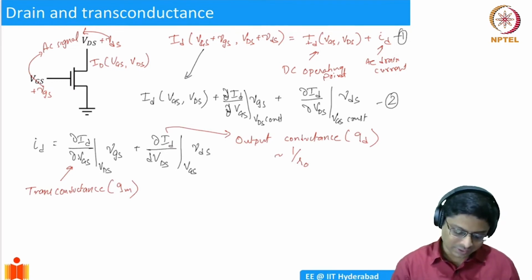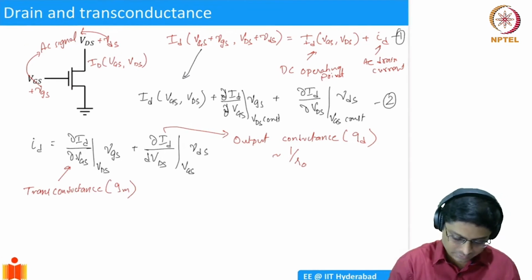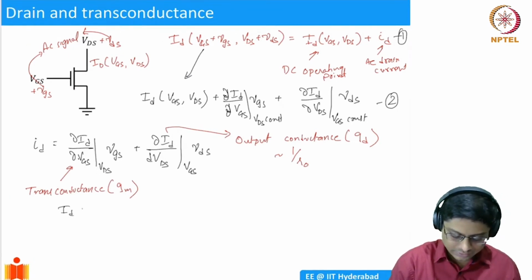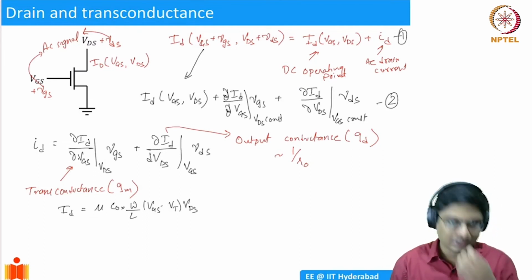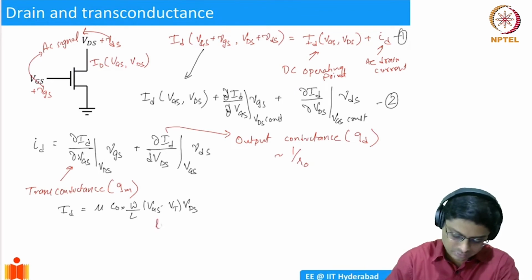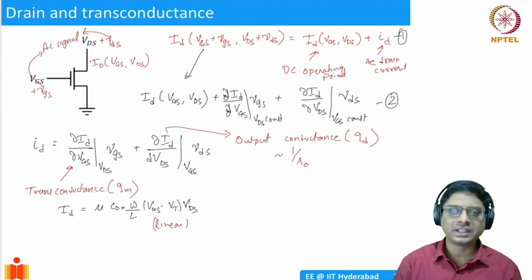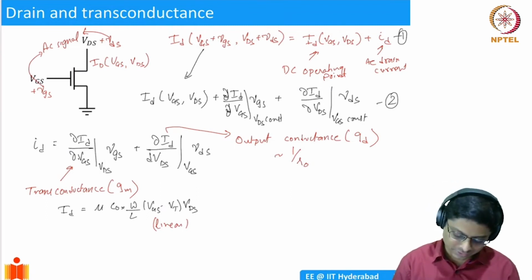What about transconductance? Well, we can write out an expression for drain current. We said already that ID was mu Cox W by L times VGS minus VT times VDS. This is the linear drain current, in the linear regime. So if your MOSFET is biased in the linear regime, what will be the transconductance?